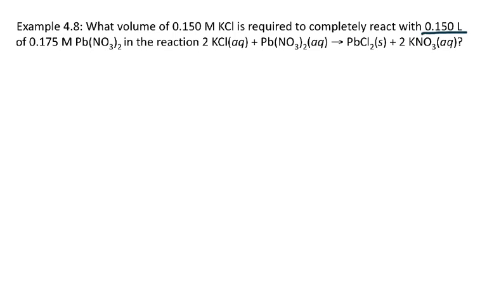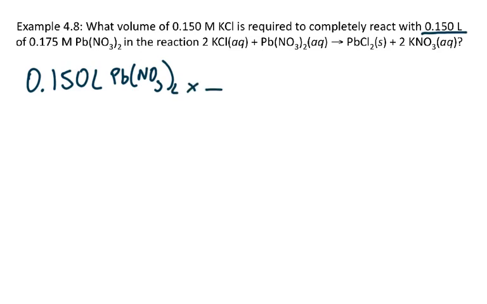So I'm going to start here with my 0.150 liters of my lead 2 nitrate times my molarity. I know that 1 liter of that is 0.175 moles of my lead compound.